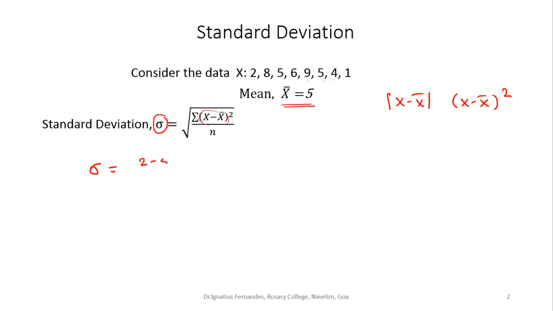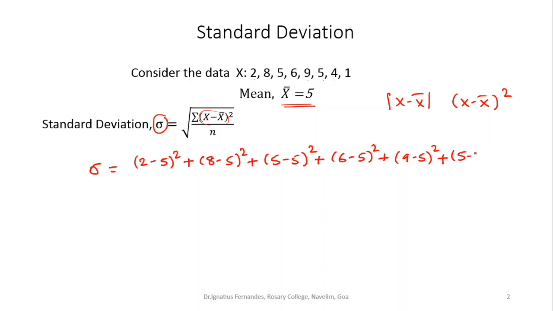So (2 minus 5) squared, plus (8 minus 5) squared, plus (5 minus 5) squared, plus (6 minus 5) squared, plus (9 minus 5) squared, plus (5 minus 5) squared, plus (4 minus 5) squared, plus (1 minus 5) squared.